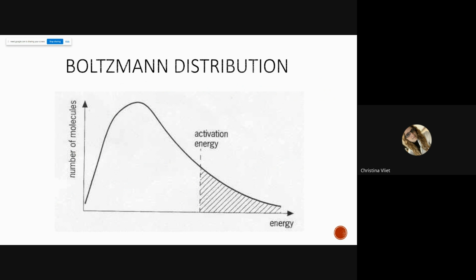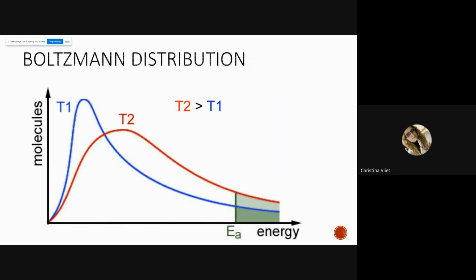So that means I would memorize the basic structure of the graph, like knowing what is on the axes and knowing that there's activation energy here. Anything on the right side effectively collides. Anything on the left side does not effectively collide, right? And then you also need to know, if you increase the temperature, how does that affect the Boltzmann distribution?